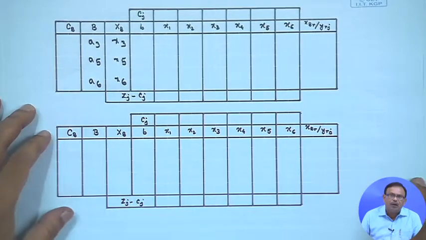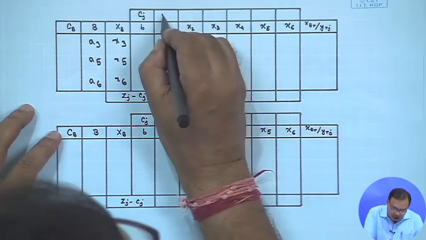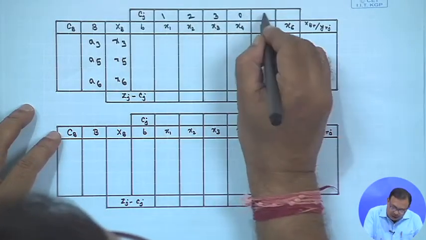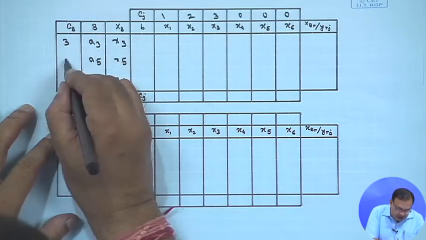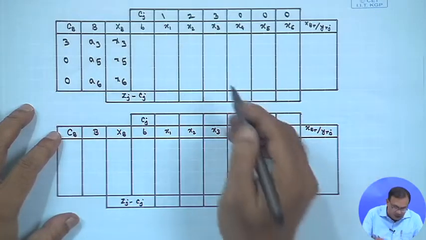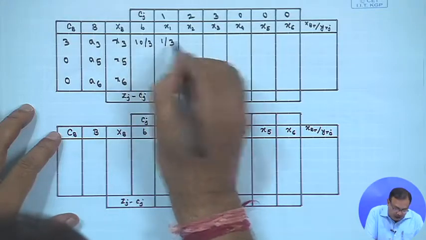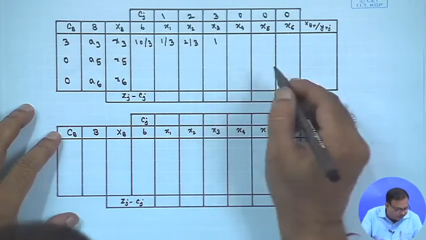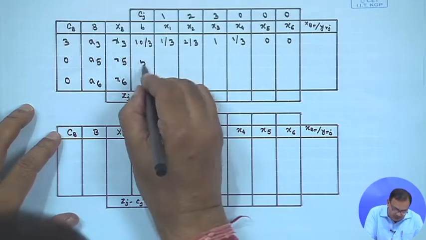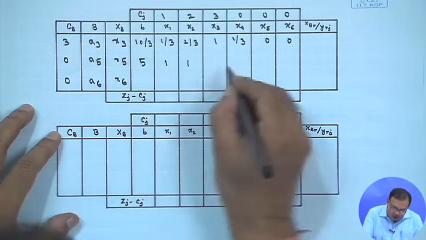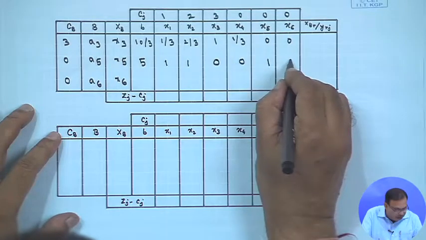I will make it 1, and all other elements of that column will be 0. Your Cj values are the same, 1, 2, 3, 0, 0, 0. Now x3 has entered, so Cb will be 3, 0 and 0. Here I am directly writing 10 by 3, 1 by 3, 2 by 3, 1, 1 by 3, 0 and 0. In the next row it will be 5, 1, 1, corresponding to this element 0, 0, 1 and 0.